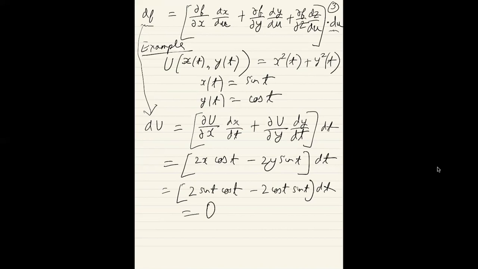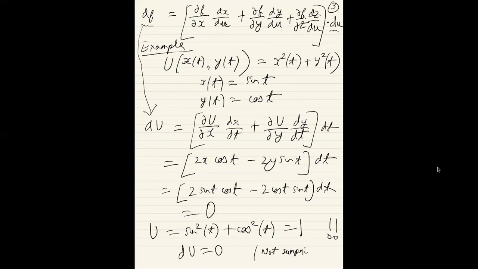But if you go back and take a look, it's not surprising at all, because indeed U is sine squared of t plus cosine squared of t, which is a constant equal to 1. So you could have guessed that result beforehand: of course if U is a constant, dU will be 0. It's not surprising, but it was nice to actually see how the formula works, and hopefully this gives you some intuition into the thing.